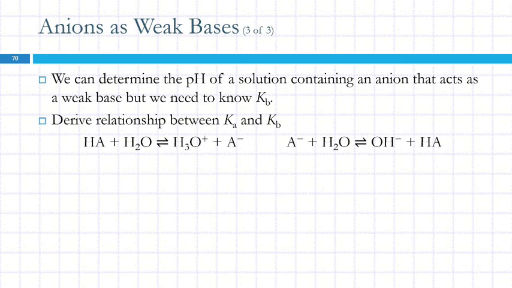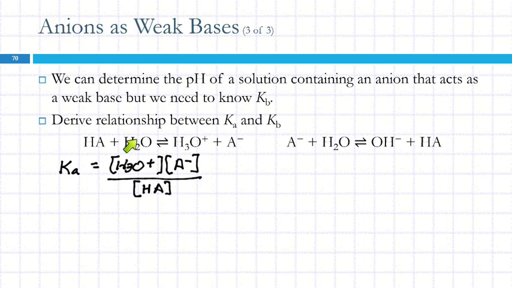Well, here we have a weak acid, right? Ionizing. So we could write the equilibrium expression for that. H3O plus, products over reactants. Water's a liquid, doesn't show up. Here we have an anion acting as a weak base.